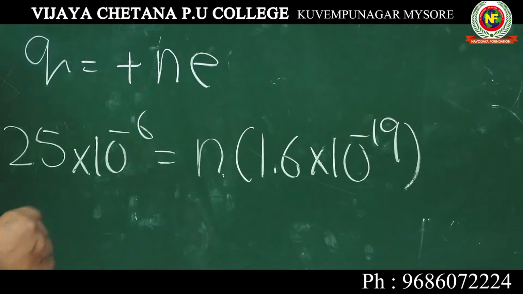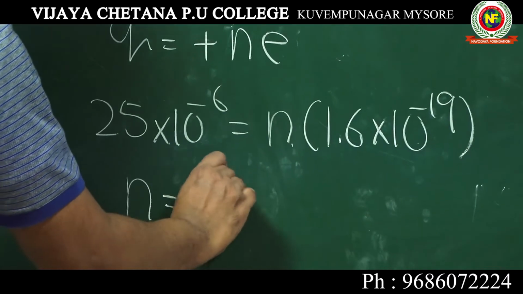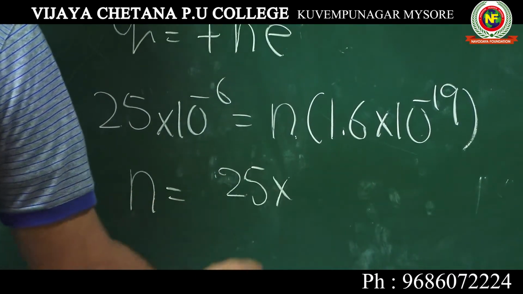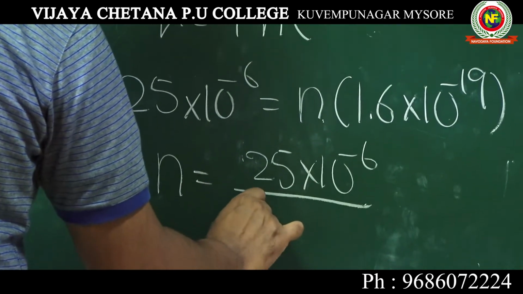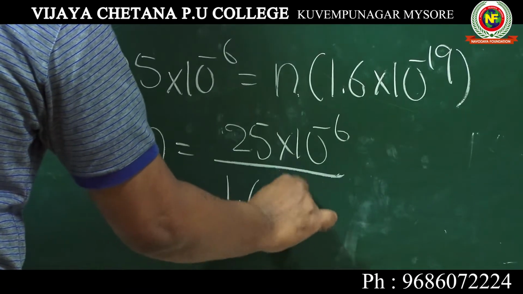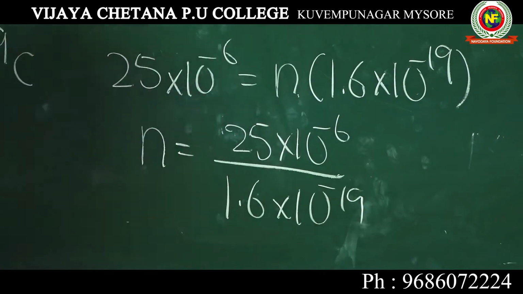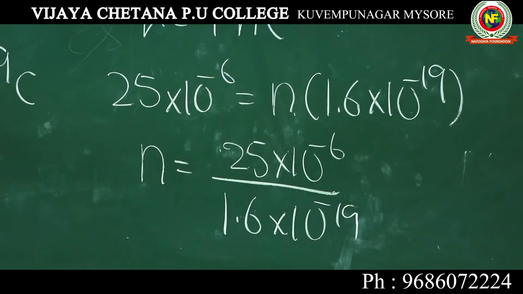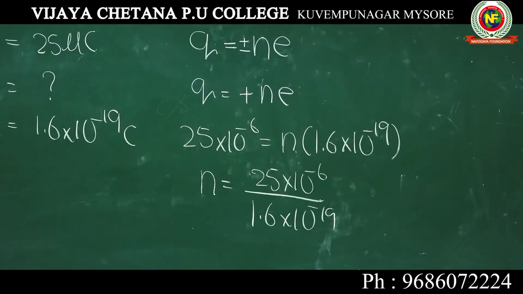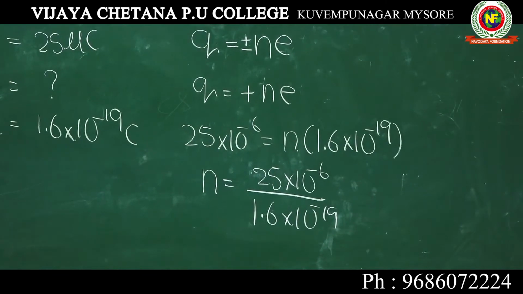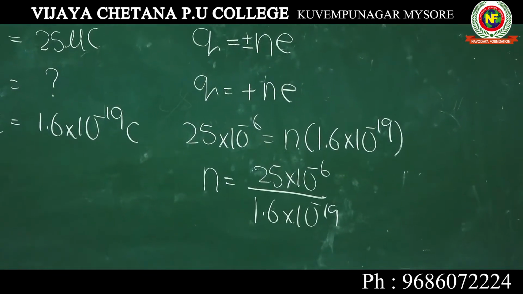So, in that case, what is the value of N? N is equal to 25 into 10 power minus 6 whole divided by 1.6 into 10 power minus 19. Now, let us calculate it.